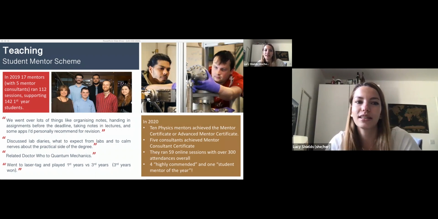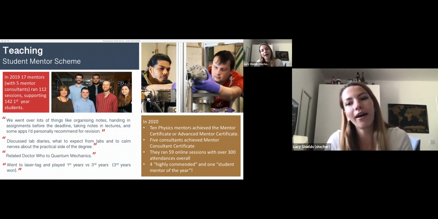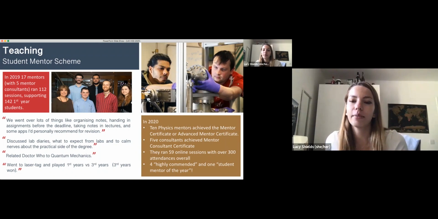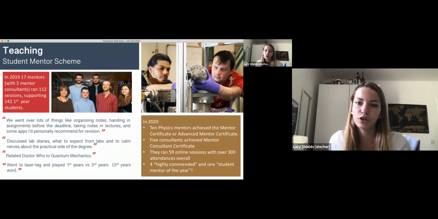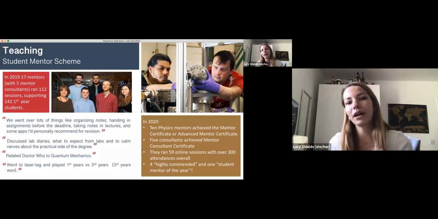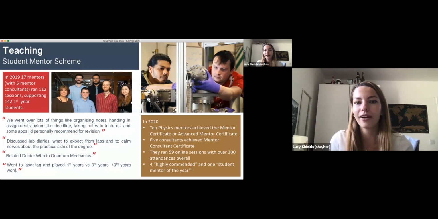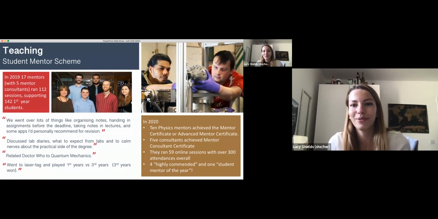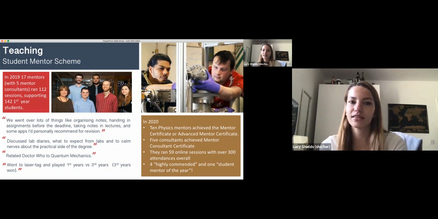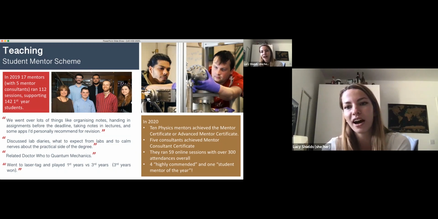We also did sessions on housing when it got a little bit later in the term, like how to find a house, how to choose your housemates, and budgeting, how to make a budget, because it can be quite a different environment being at university. And then also more the physics side of things, like going over lab diaries and how to write that a bit better, because for some people it can be a really new, daunting aspect of the course.